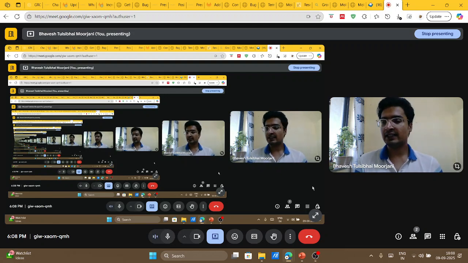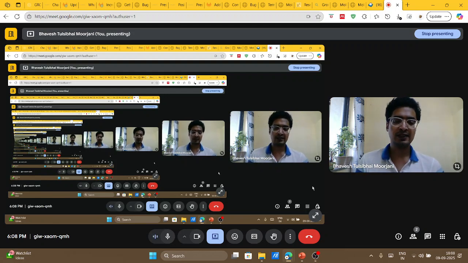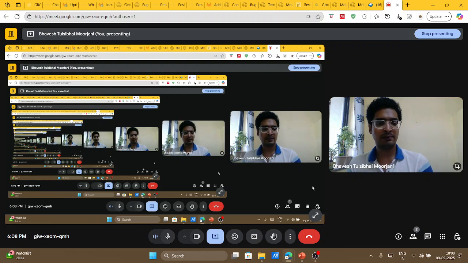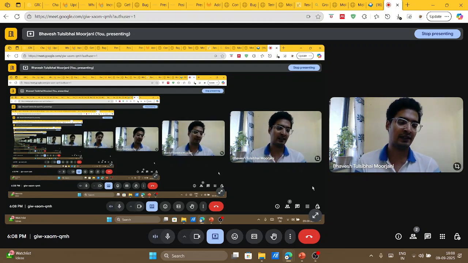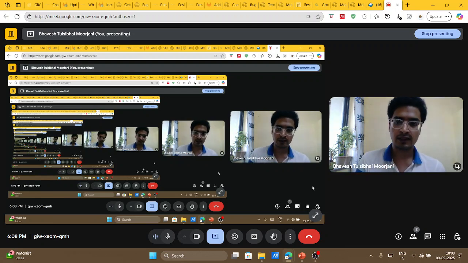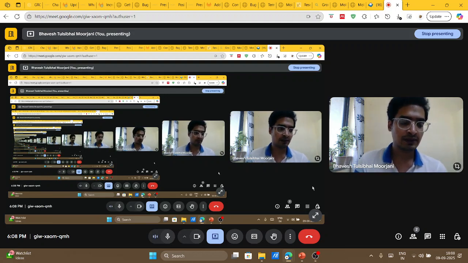So we understood the need of modeling and simulation, and then we moved forward with the basics of Matlab in the second week. And then from the third week onwards, we have been trying to solve various chemical engineering problems. We have done the problem of CSTR, the plug flow reactor, and distillation problems.